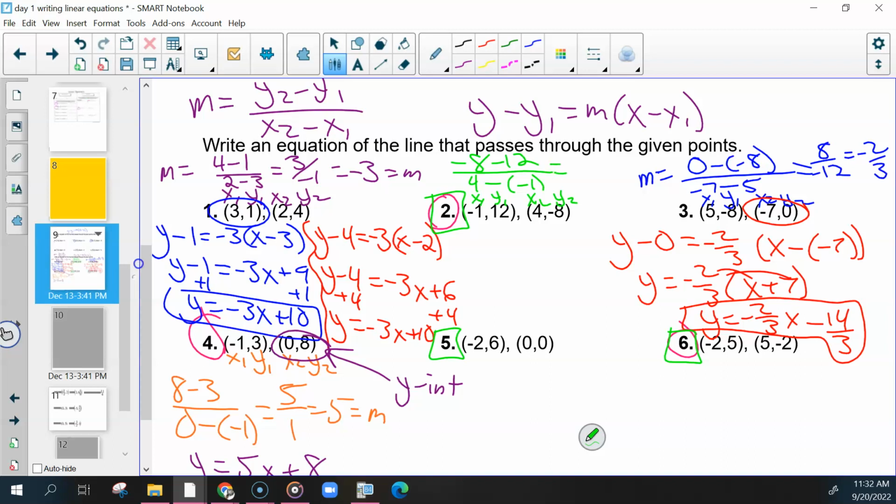Because this would be -20 over a positive 5, which would give us -4. So that way it's accepted.